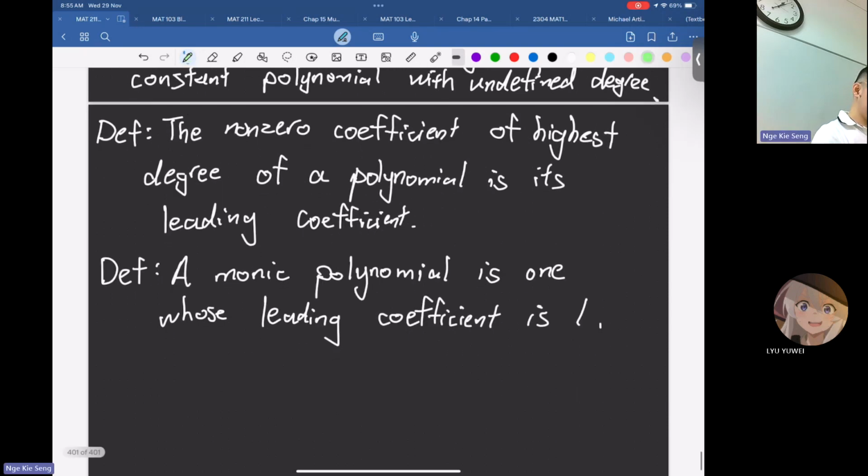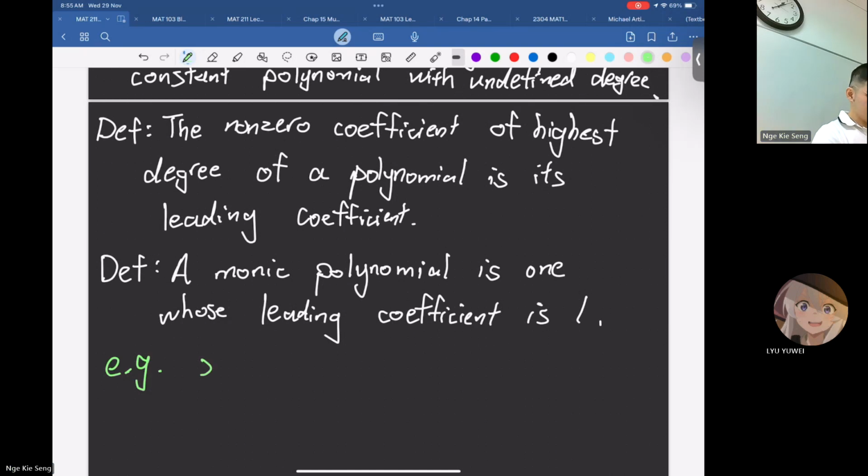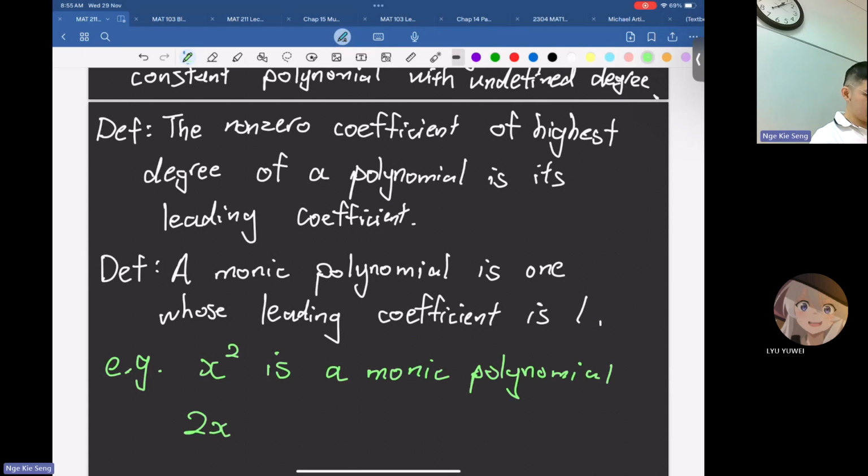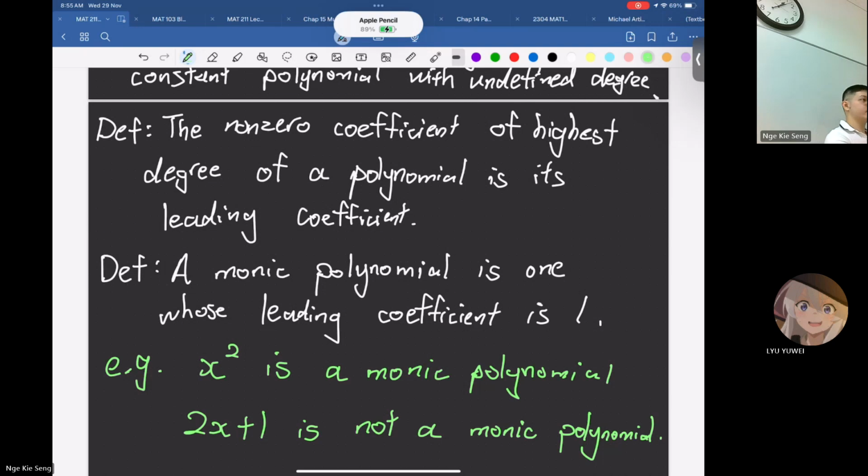So for example, x squared is a monic polynomial. 2x plus 1 is not a monic polynomial because the highest non-zero power is 1, and the leading coefficient is 2, which is not 1. Is it all right?